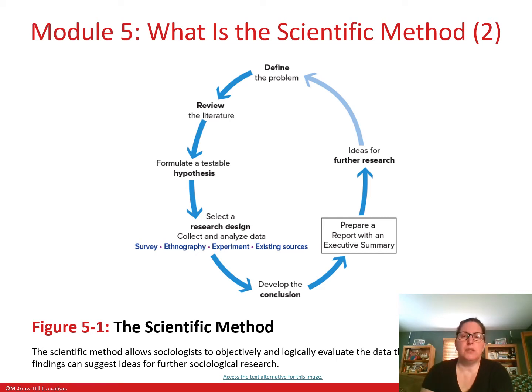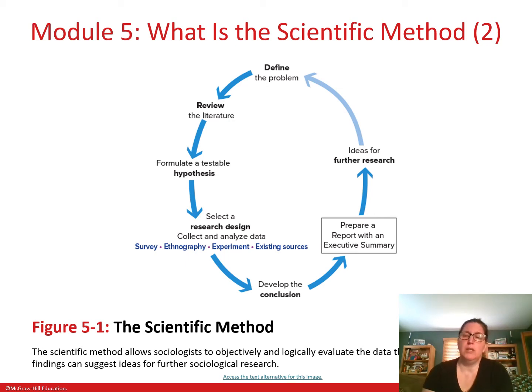And those are the basic ones we're going to cover: survey, ethnography, experiment, and existing or secondary resources, we call them. And then we develop the conclusion. We have to conclude whatever findings we have found, and then we prepare a summary or report on that research and propose ideas on how we can better this research.